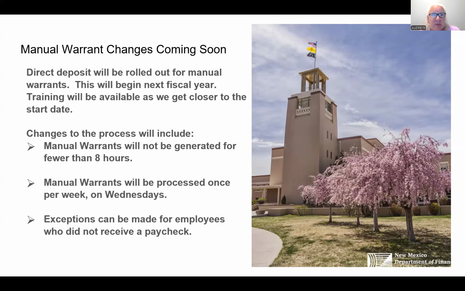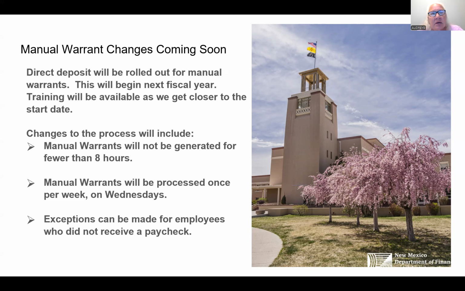So unless an employee has been underpaid by an entire day, they will have to wait until the next pay period in order to be paid for those hours. On the bright side, this means there will be less requirements for your runners to pick up checks at DFA.